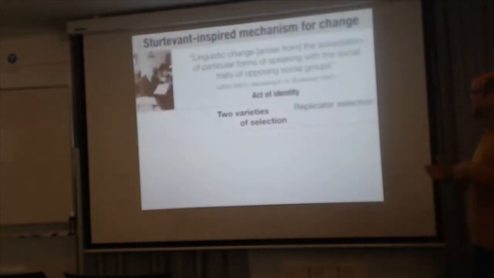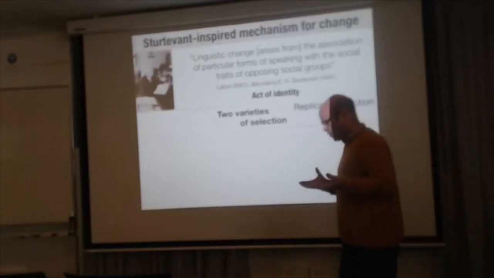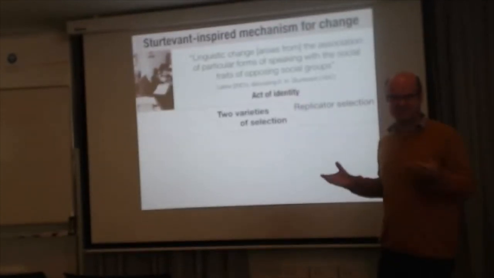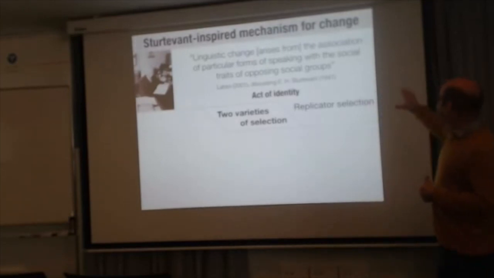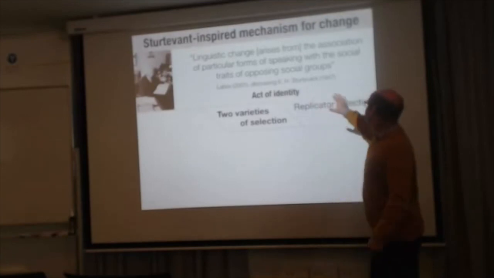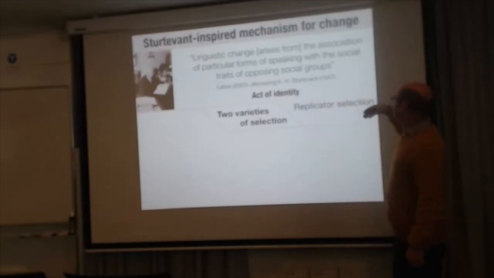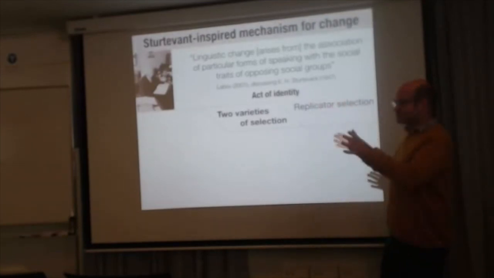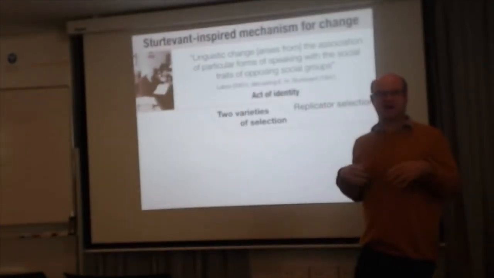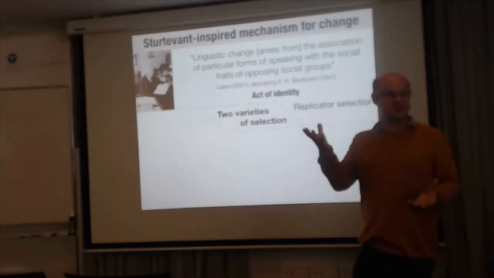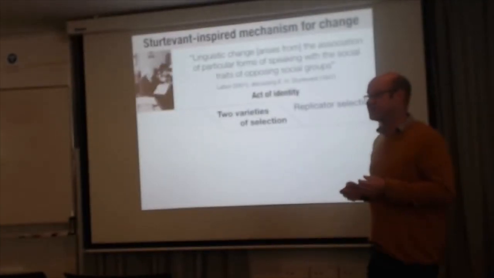So one of them we call replicator selection. So replicator, remember, is basically the word, if you're a non-linguist, or one of the many words that linguists have for words if you are a linguist. And this one we ascribed to Sturtevant, who talked about this idea that a way of speaking is associated with a particular social group, and that gives you a reason to preferentially emulate that way of speaking in another.